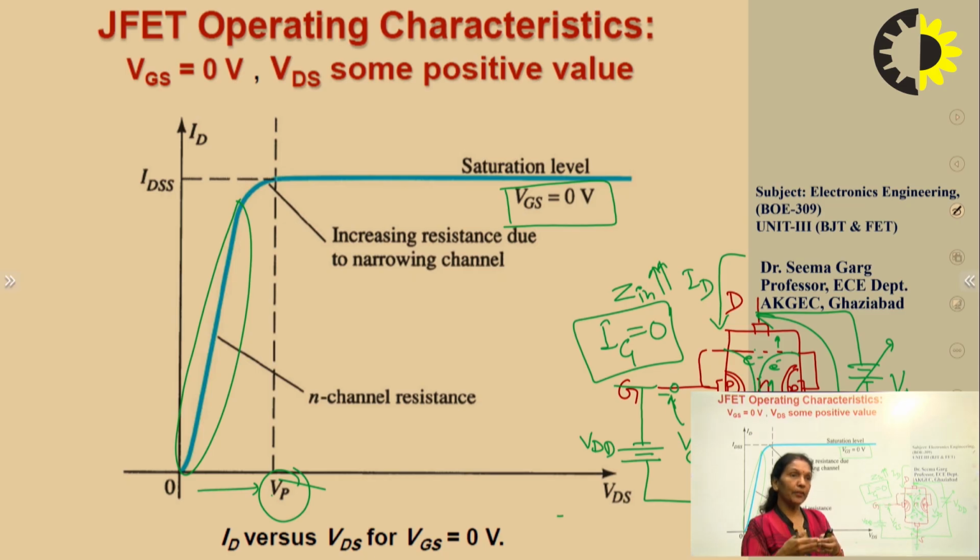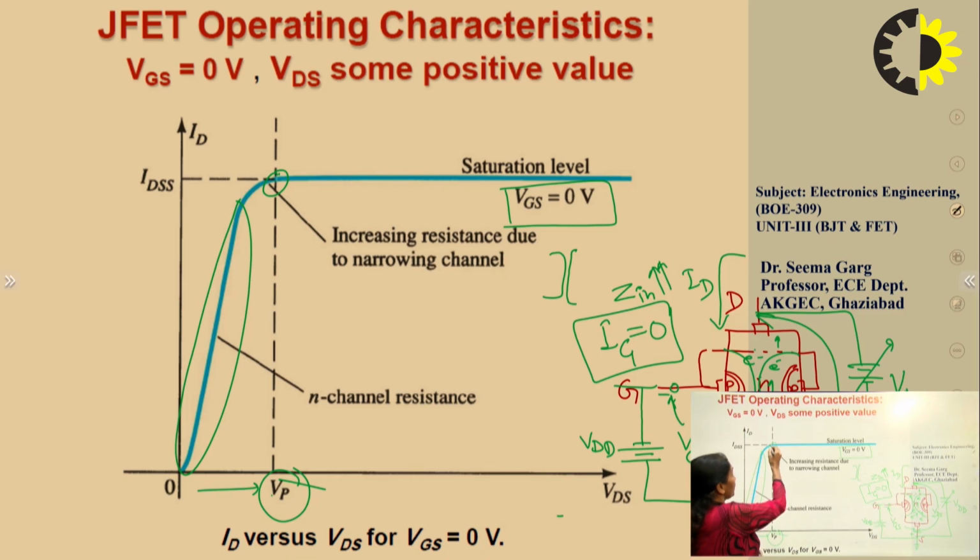At that point of time, we say that your channel pinches off, and that is why this voltage is called the pinch off voltage. And at that point you're left with a very small path between the depletion regions. They are almost touching each other but manage to pass a high concentration of the charge carrier.